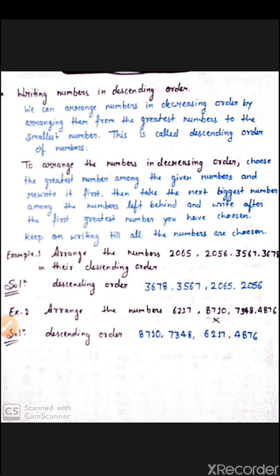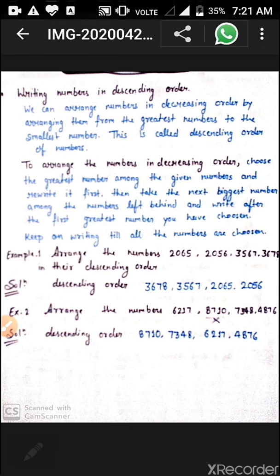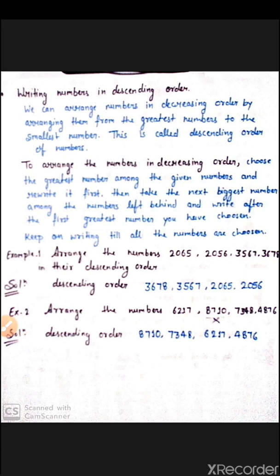let's see another example. Arrange the numbers 6217, 8710, 7348 and 4876. So firstly we will choose the greatest number among these numbers. So which is the greatest number among these numbers?